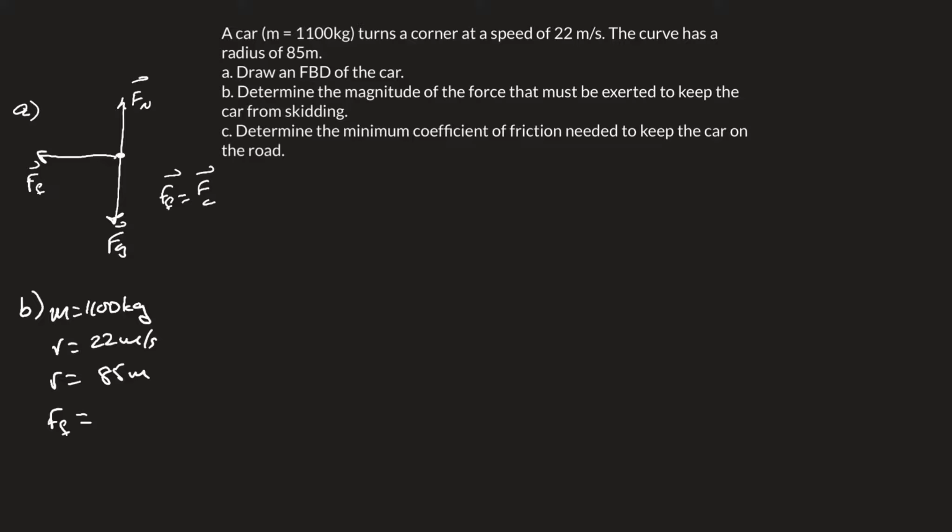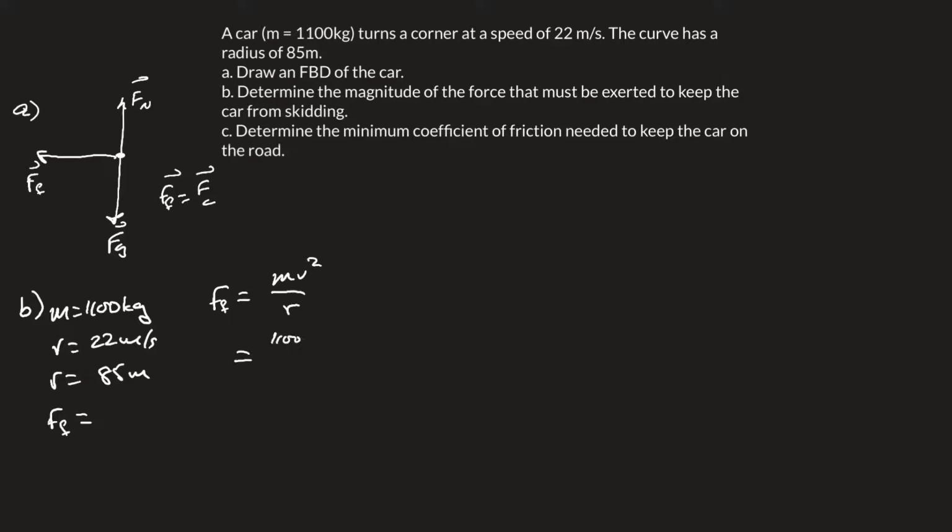To solve this, we're going to make use of the equation for the centripetal force, which in this case is equal to the force of friction. It's actually not a vector because there is no direction in the question. So we have mv squared over r.